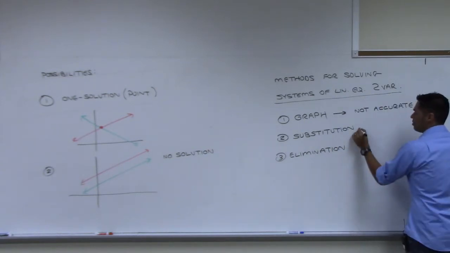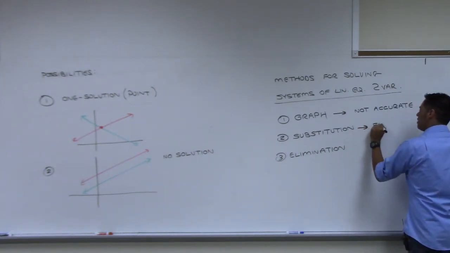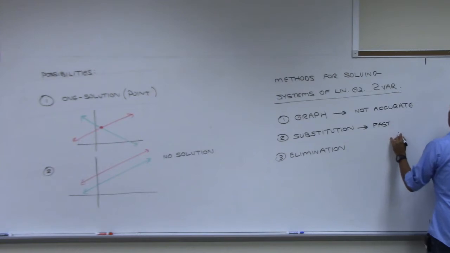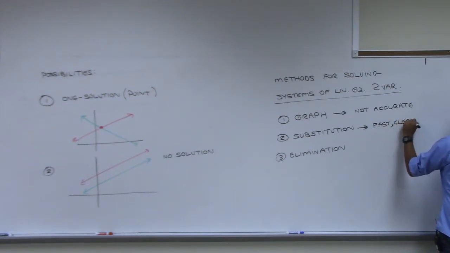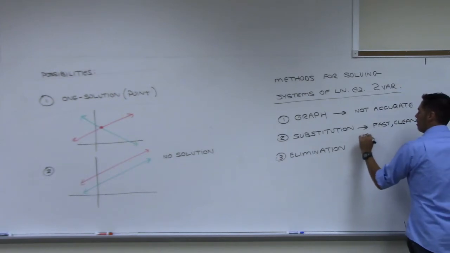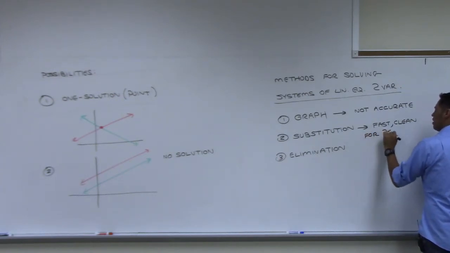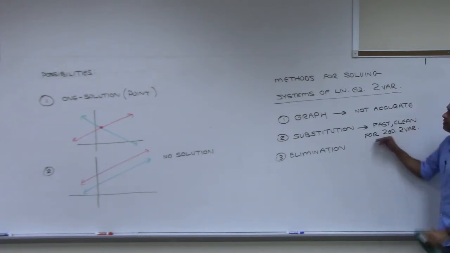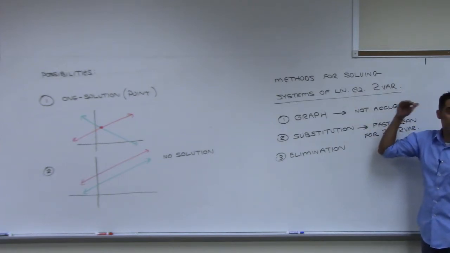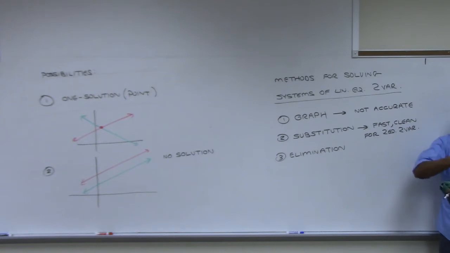Now, substitution is fast and clean, all right? It is a nice method for two equations, two variables. In other words, what we're doing right now is trying to solve systems of equations where we have two equations and two variables, right?